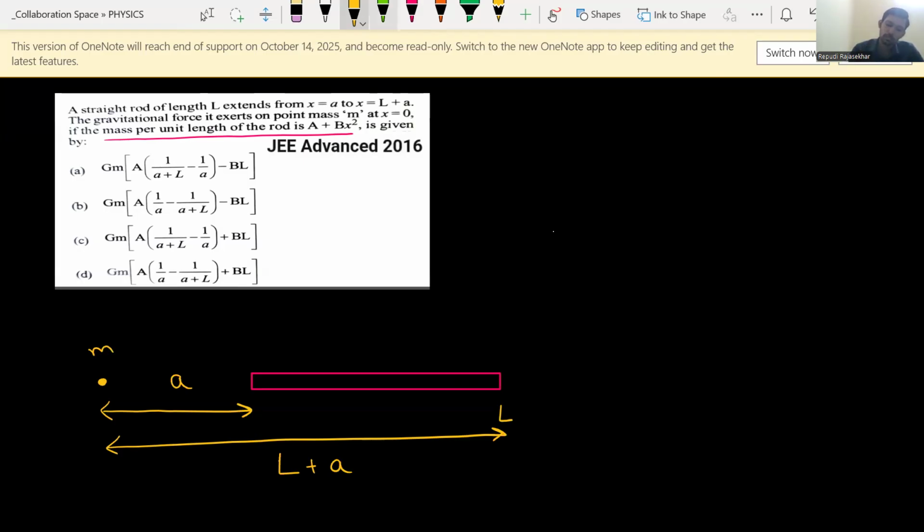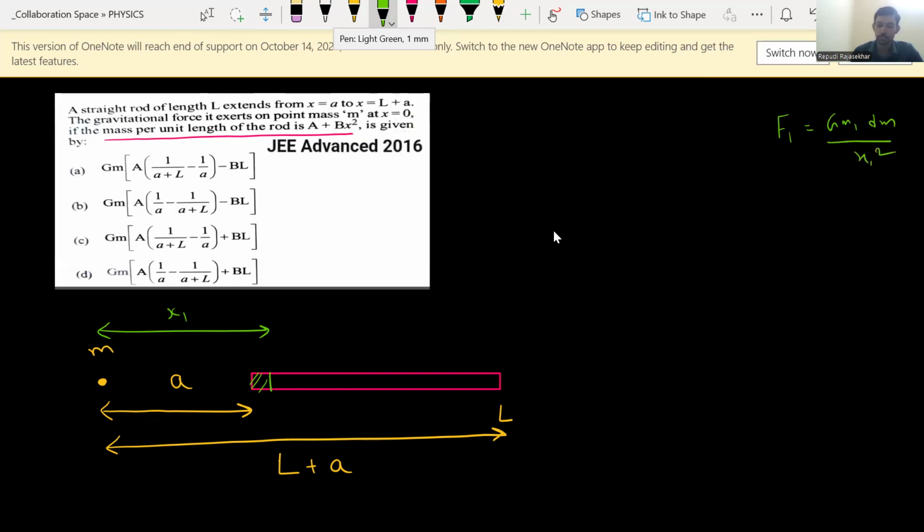So what is the meaning of different particles, different masses? Let us see. The first particle is given as an elemental mass. What is the distance between this particle and the elemental mass? Maybe x1. Here the distance is different. So if you apply the formula directly, you will get F equals G m small dm divided by x1 square.